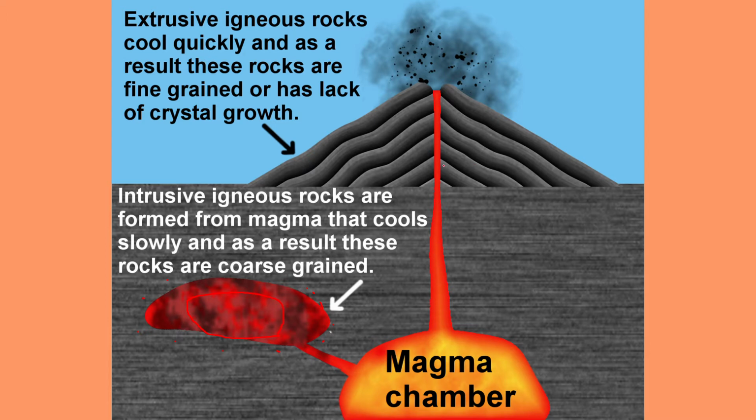The magma makes it to the surface as lava and can erupt. There's a variety of ways it can do that, and different types of chemistry will result in different types of rocks, which we'll look at in class. But if it gets to the surface, we call it an extrusive igneous rock, which is basically a volcanic rock.